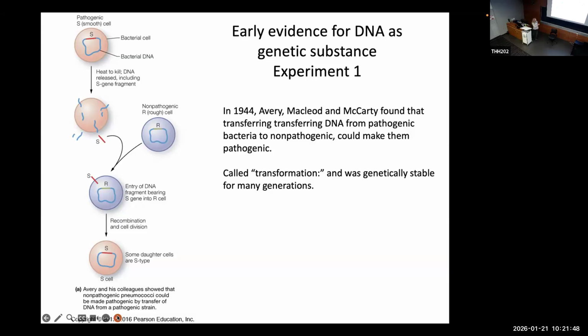And the way they did this experiment was to heat kill these cells. So they would break them open and the DNA gets released. These cells are now dead. But you mix the contents of these cells with the non-pathogenic cells. What happens in a culture like that is bacterial cells will take up some of the sample from their environment.